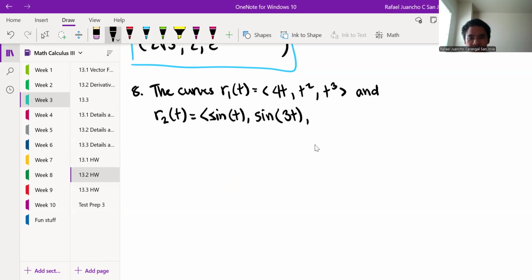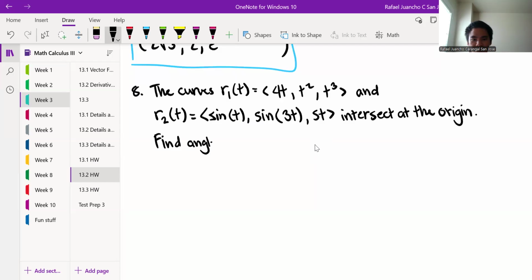Okay, we have 5t here. And these 2 vector functions intersect at the origin, because they're position vectors. And here we're supposed to find their angle of intersection. So when these 2 things intersect, when will they intersect?